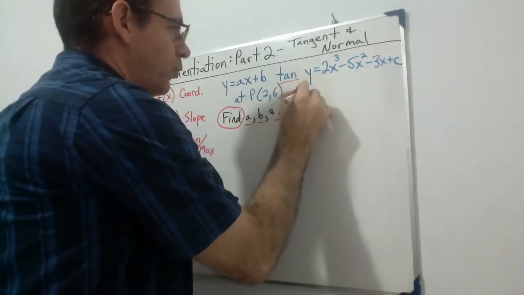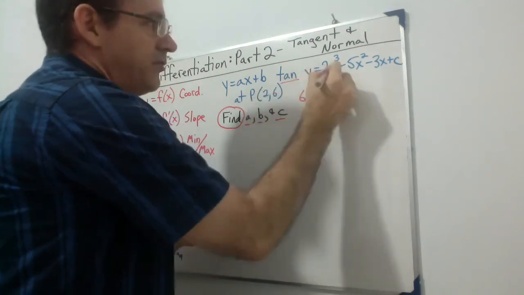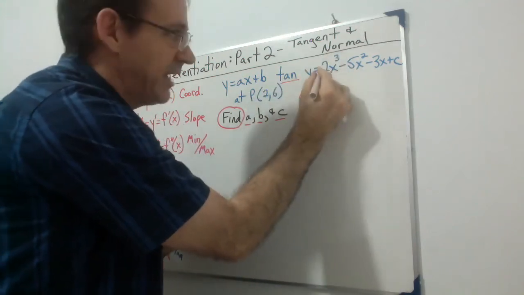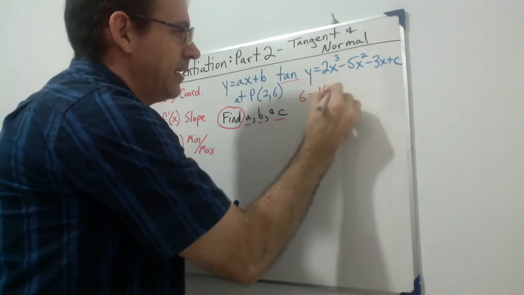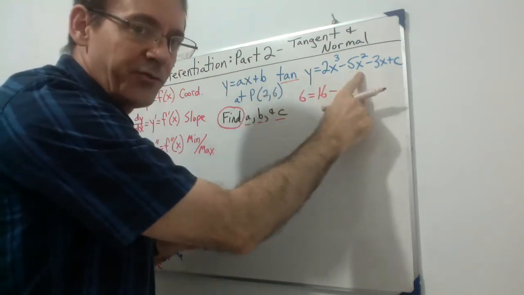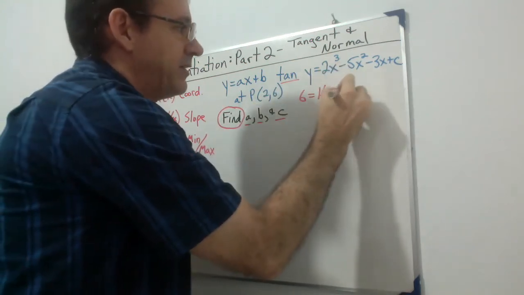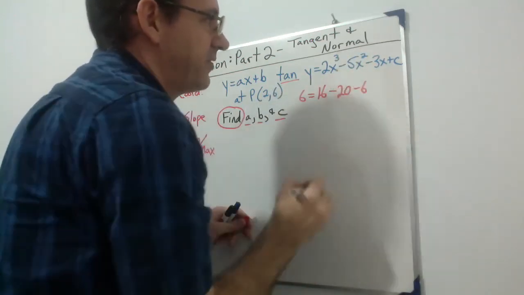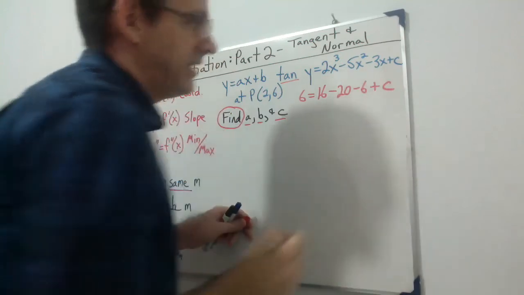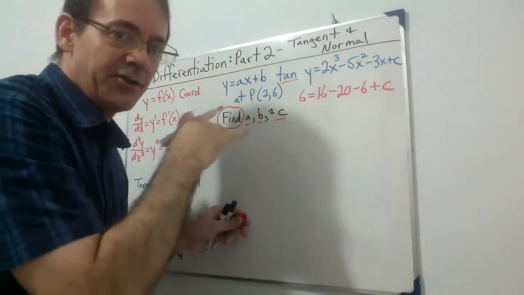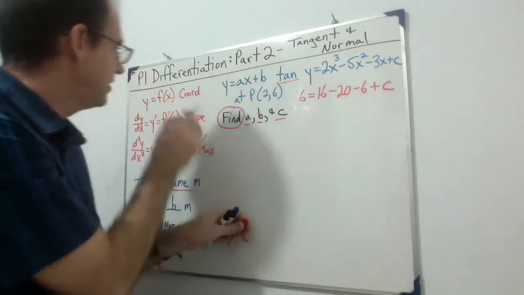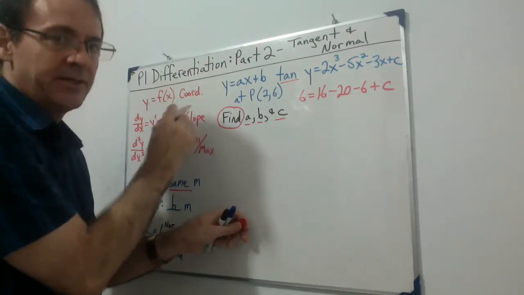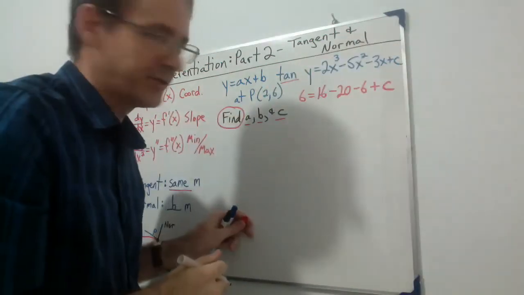So we get, here's y, 6 equals 2 cubed is 8 times 2 is 16 minus 2 squared is 4 times 5 is 20. Then 2 times a negative 3 is a negative 6 plus c. So we can find c directly right away because we have the coordinates and we have the original equation.